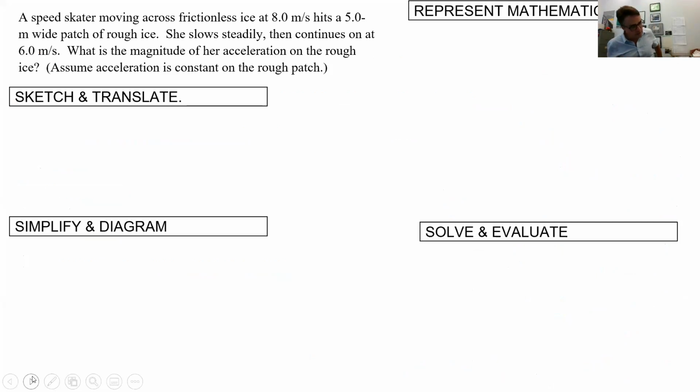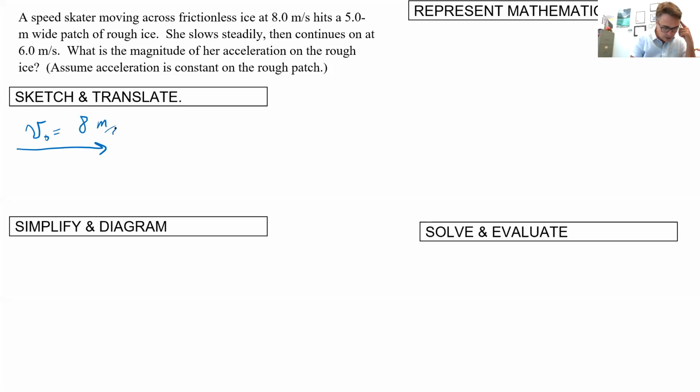Okay, I wanted to talk about the speed skater. This is another one of these constant acceleration equation problems. A speed skater moving across frictionless ice at 8 meters per second hits a 5 meter wide patch of rough ice. She slows steadily, then continues on at 6 meters per second. So let's try to draw that. She starts with V initial equals 8 meters per second.